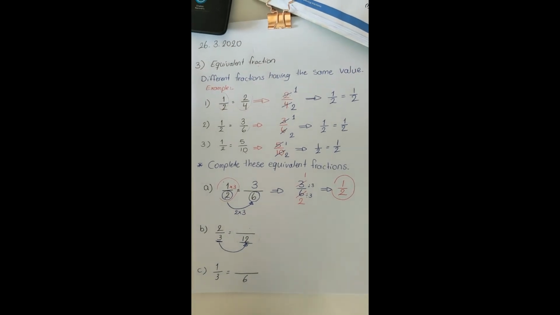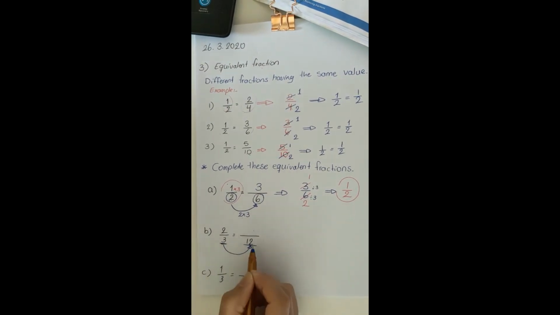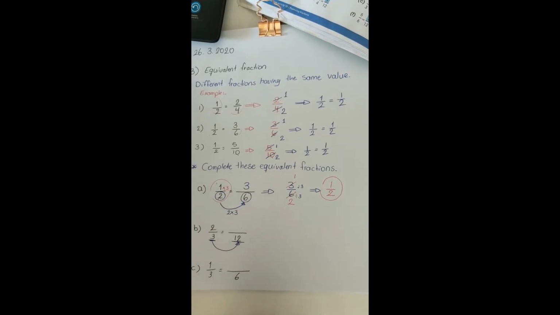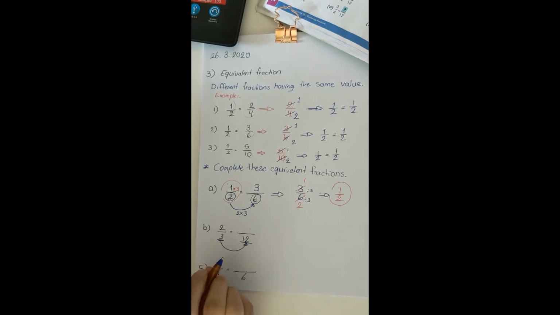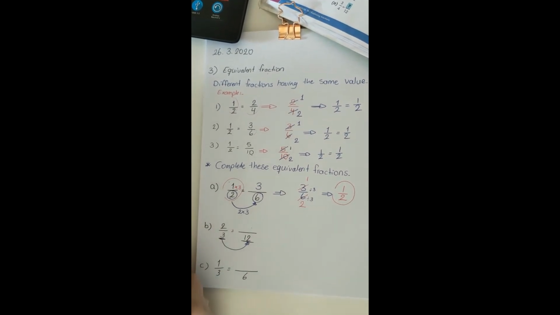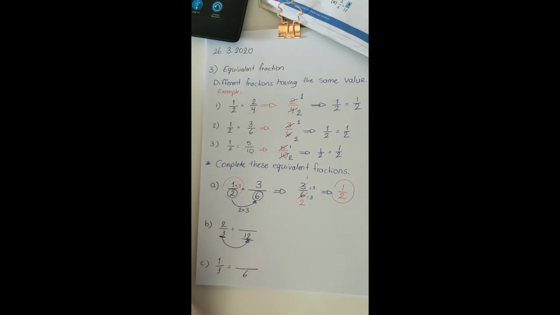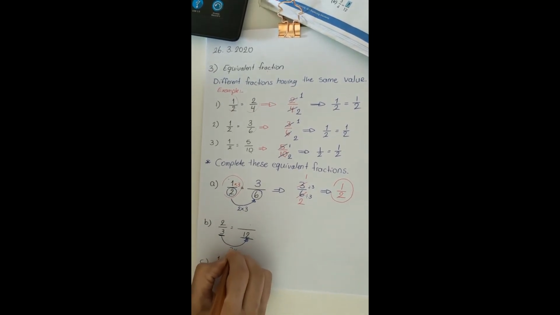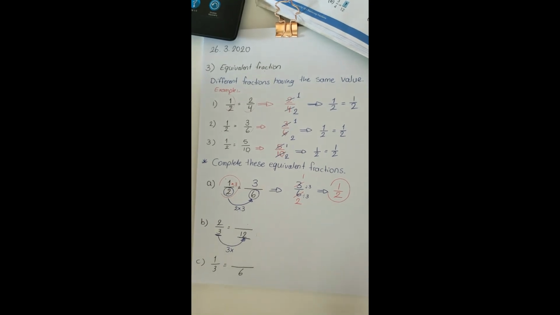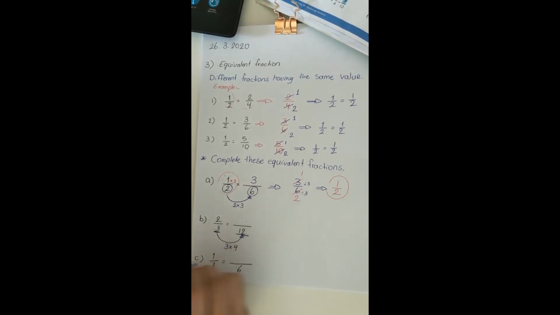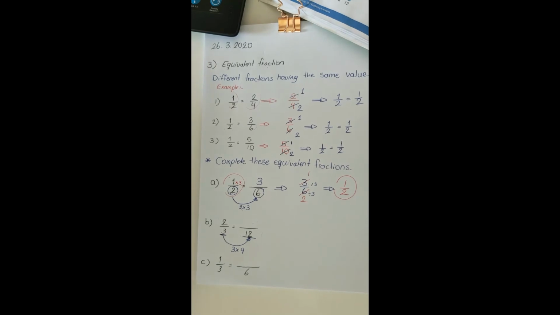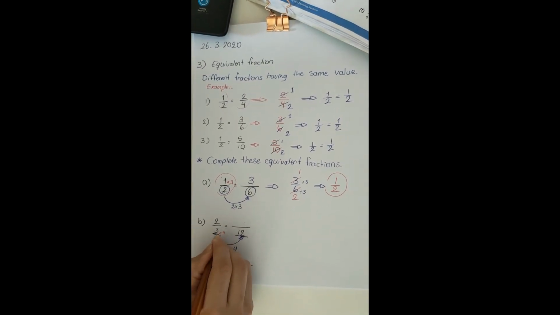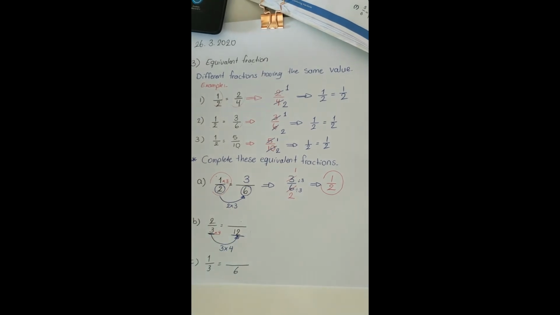When you try to turn a small number into a big number, you will always multiply. Okay? So I know that this 3 is multiplied by a number to give me 12. Now 3 times what number is equal to 12? Times 4. Okay, so I multiplied this 3 by 4 to get 12.